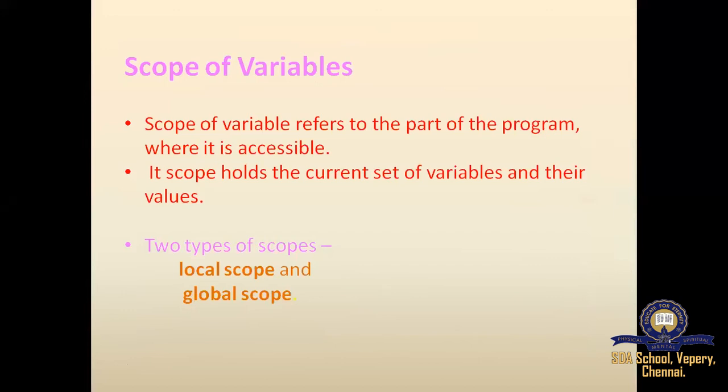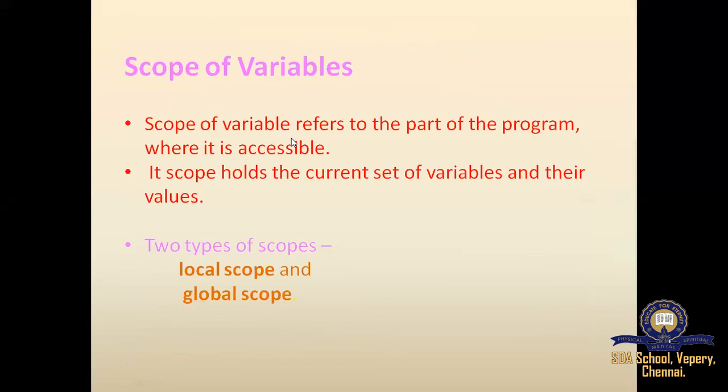Scope. Of course, you might have come across this word in your Dev C++. Scope refers to accessibility of a variable. Where we can access this variable, how to use it, that we can call as scope.